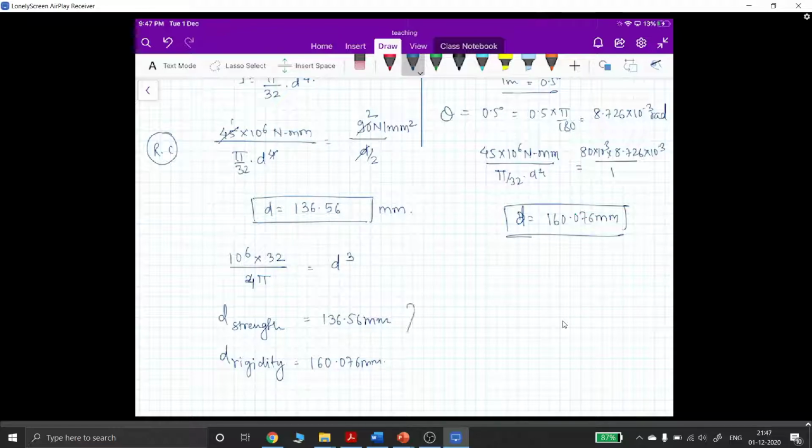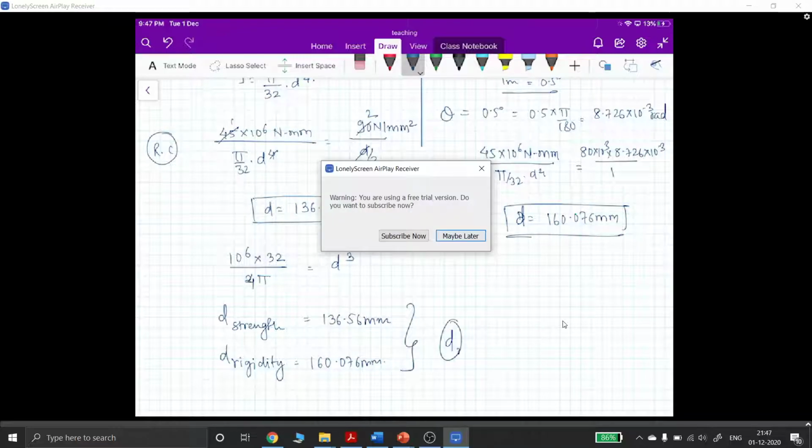Now, out of these two diameters, we need to select a single diameter which will satisfy both criteria. Whichever is larger out of these two, the maximum of D strength and D rigidity, that diameter we will choose.